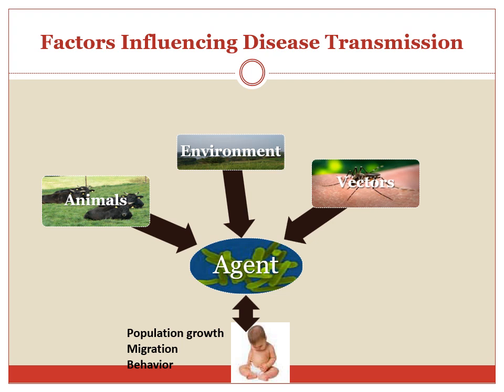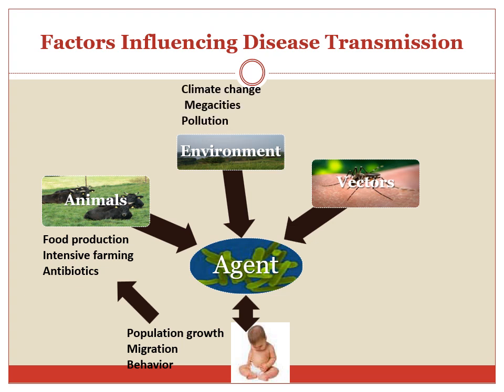So, for example, population growth, migration, and human behavior have a very important effect. And it also affects food production, intensive farming, using antibiotics in animal farming, etc. And then climate change, megacities, and pollution, as we are seeing right now, also affect animals and animal farming.